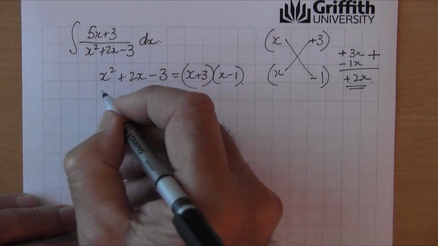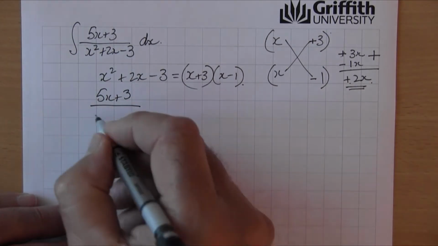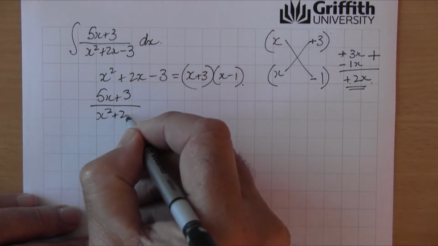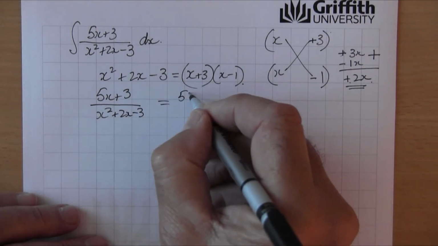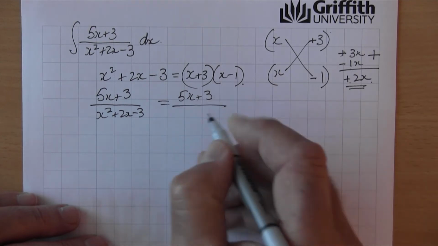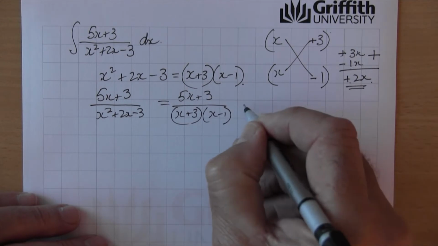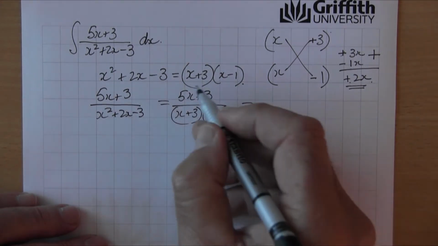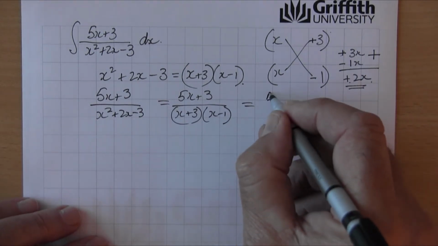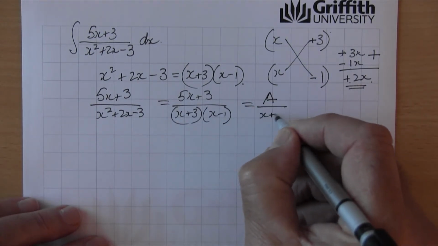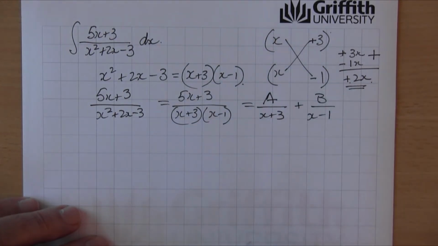So now I can write 5x plus 3 over x squared plus 2x minus 3 is equal to 5x plus 3 over x plus 3, x minus 1, equals a over x plus 3, the first one, plus b over x minus 1.